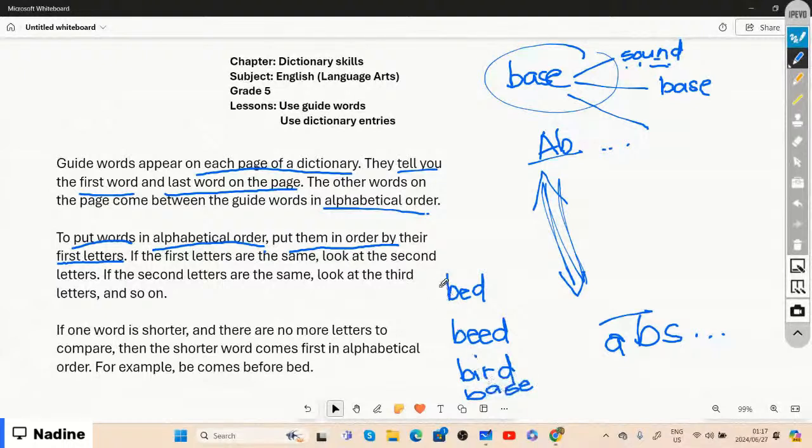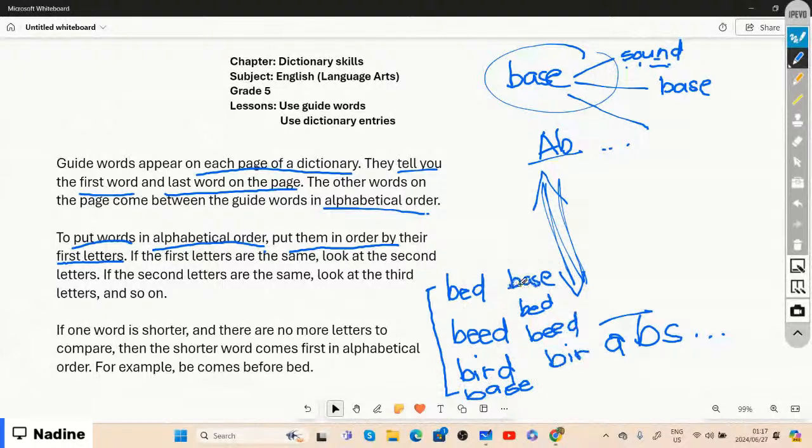If we look at these four words, when it comes to guide words, or dictionary skills, these words need to be in alphabetical order, which means that base will be the first word, and then we have bed, and then we have bee, and then we have bird.